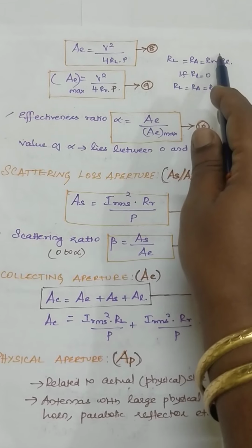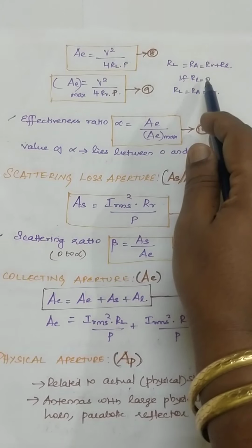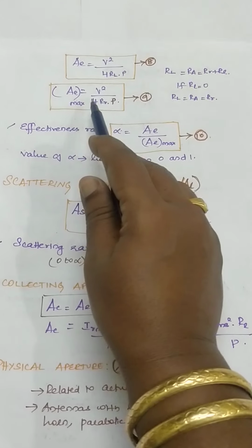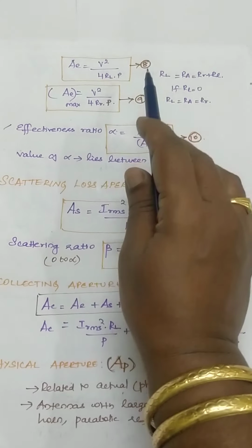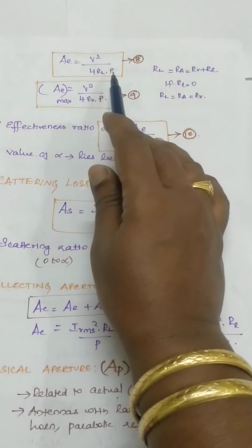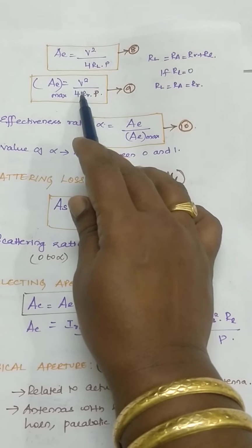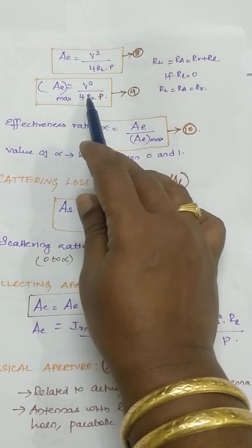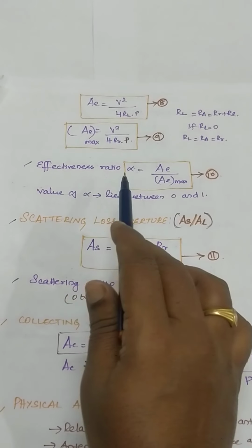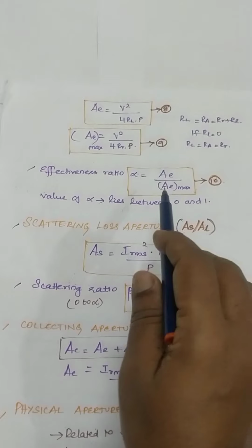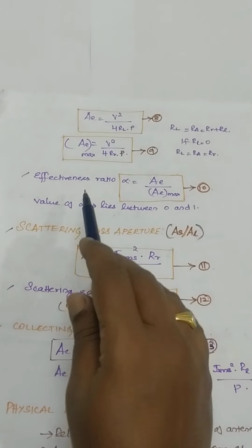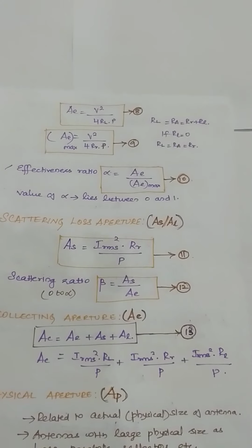If the loss resistance small RL is equal to 0, automatically RA becomes equal to RR, which is called the maximum effective aperture. So I should remember the condition that AE is equal to V square divided by 4RL into P. But I am replacing RL by radiation resistance for maximum effective aperture, such that I can find the effectiveness ratio alpha to be equal to the ratio of AE to AE max, and the value of alpha lies between 0 to 1.